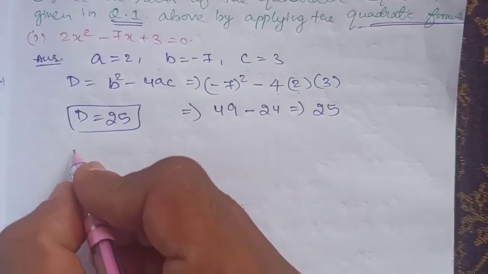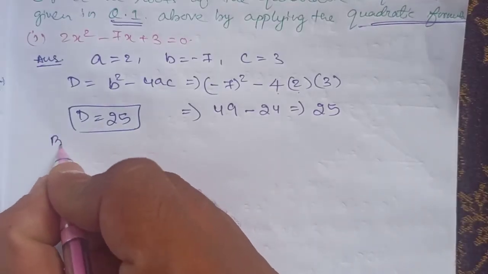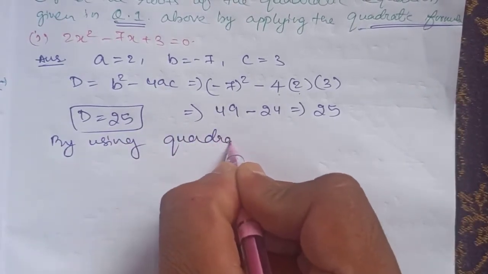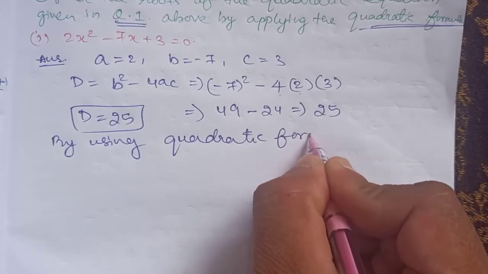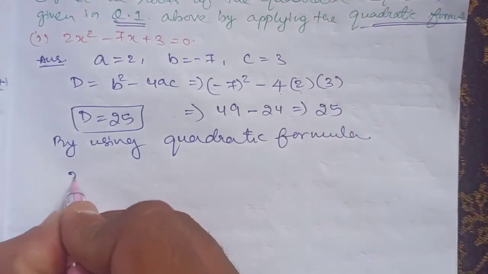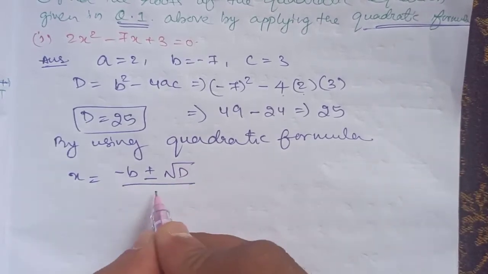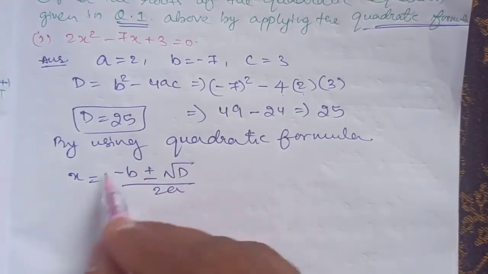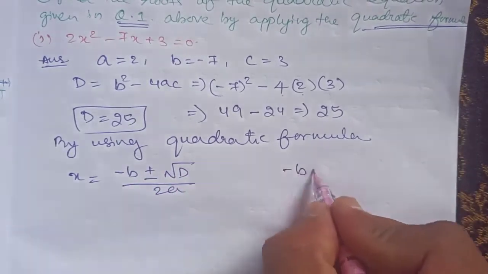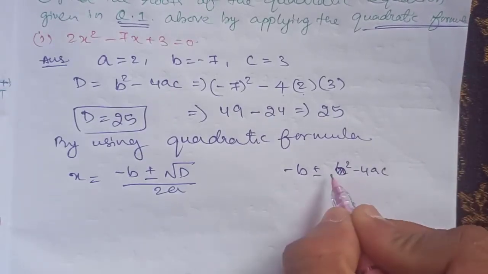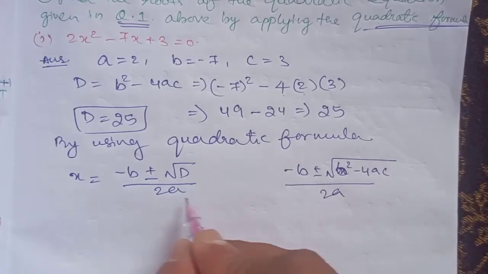Now we will use Sridhar Acharya's formula or the quadratic formula. By using the quadratic formula, x equals minus b plus or minus root d by 2a. The other form of this formula is minus b plus or minus square root of b square minus 4ac, by 2a. It is the same formula.